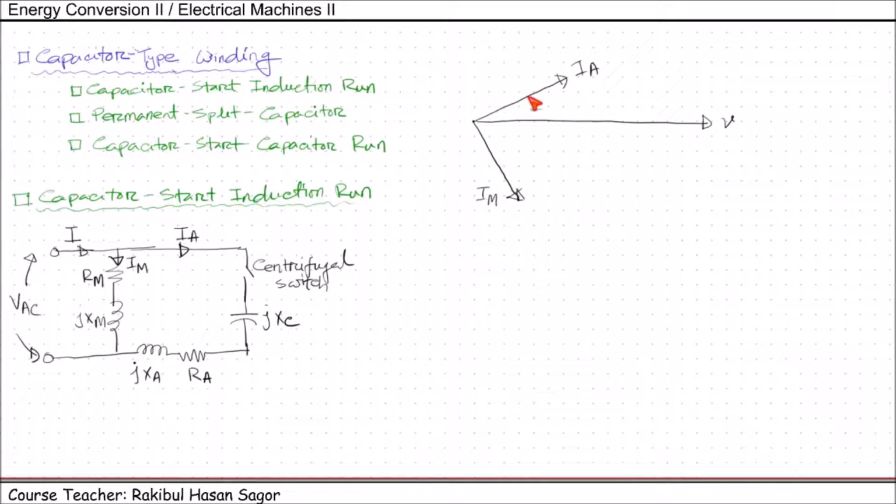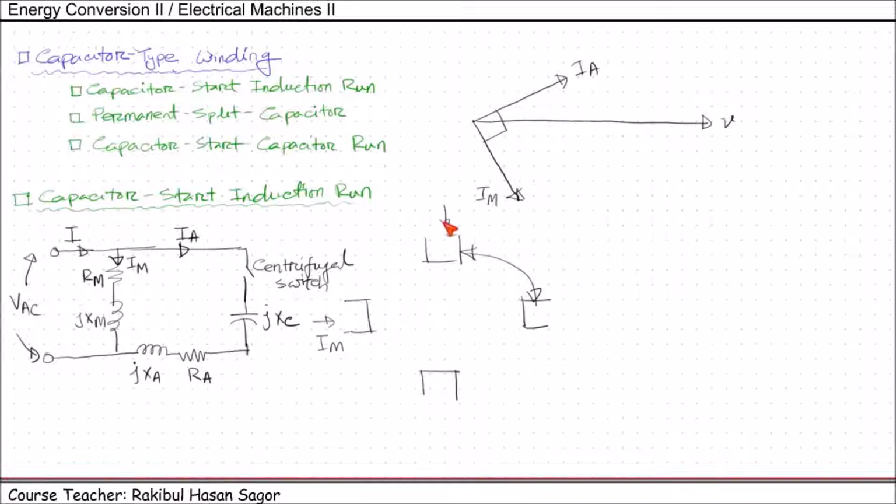Whenever we have two currents which are 90 degrees apart from each other, and they are placed 90 degrees mechanically apart, I think you remember, this was the auxiliary winding and this was the main winding we made. Here we had the main winding and auxiliary winding. They are 90 degrees mechanically apart, and we have current through this, which is the main winding current IM.